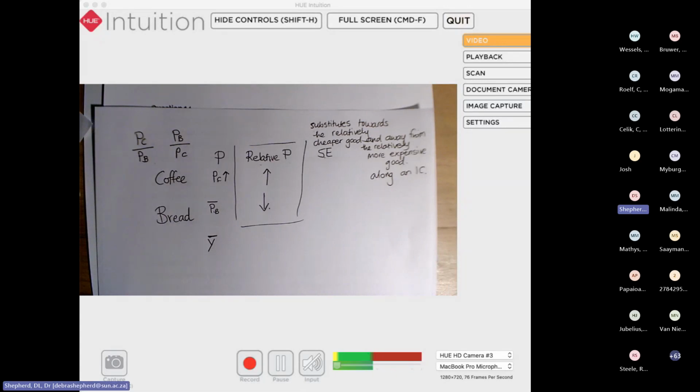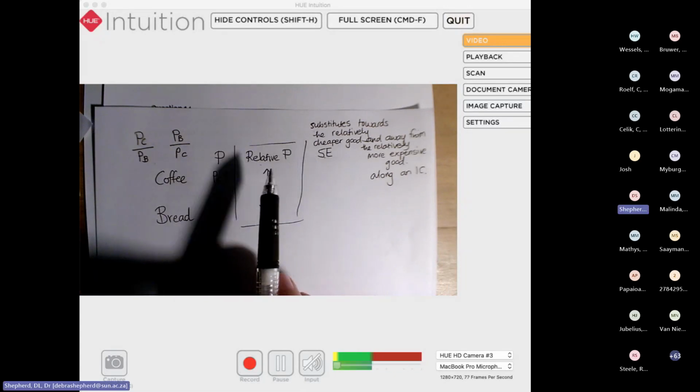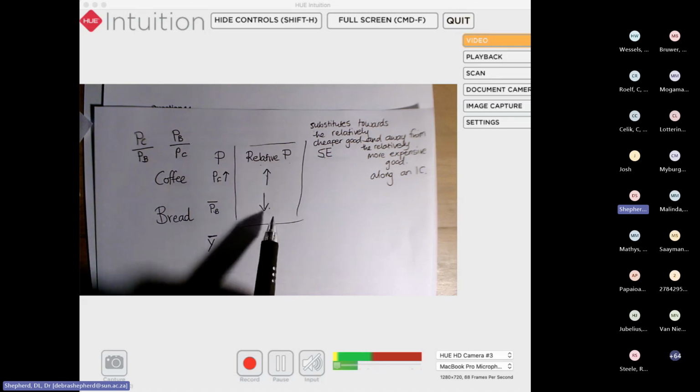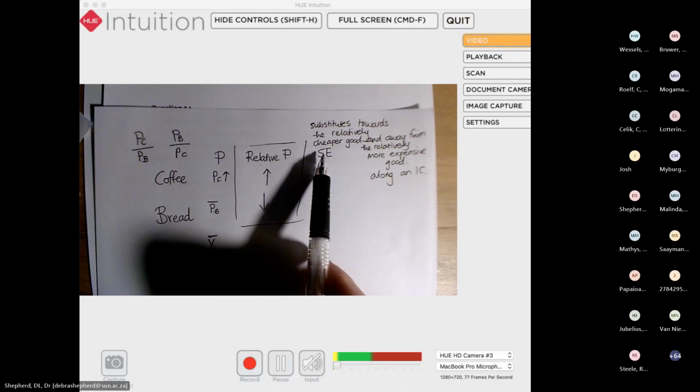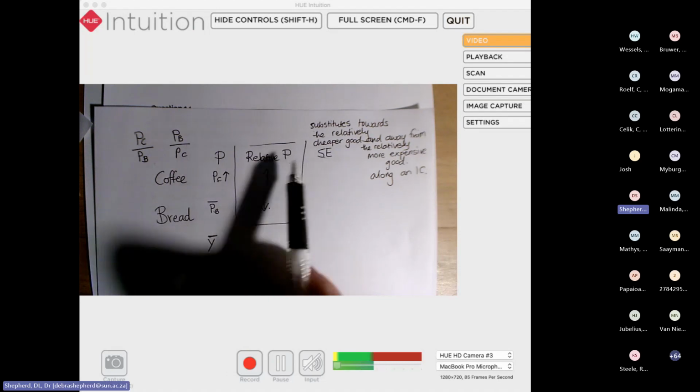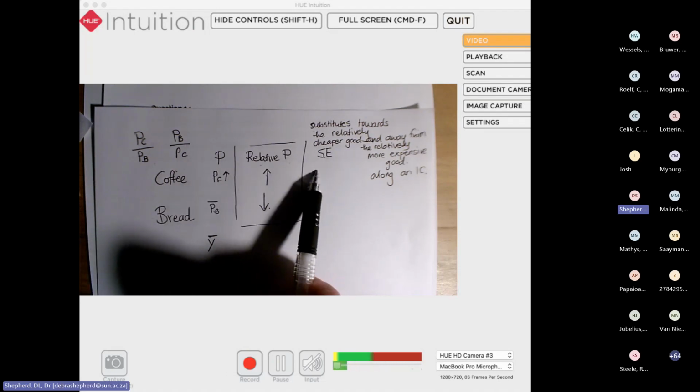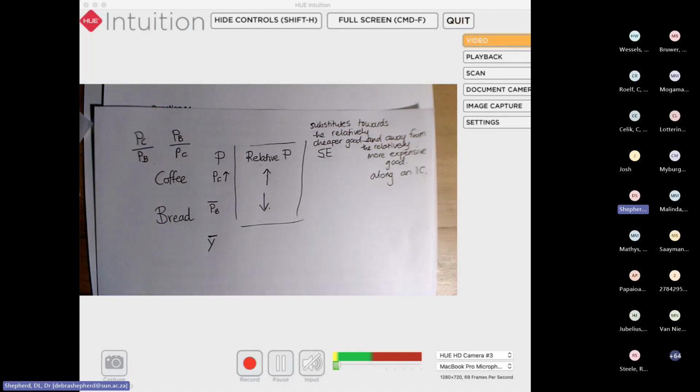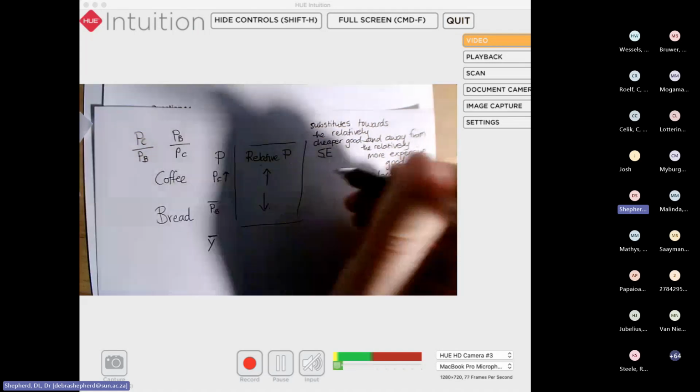Okay, so if coffee becomes relatively more expensive and bread becomes relatively cheaper, will the substitution effect for coffee be positive or negative? So will the substitution effect for coffee be positive or negative if it is now relatively more expensive?